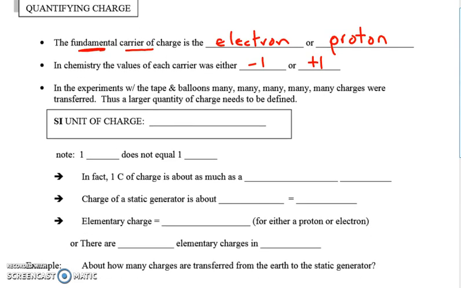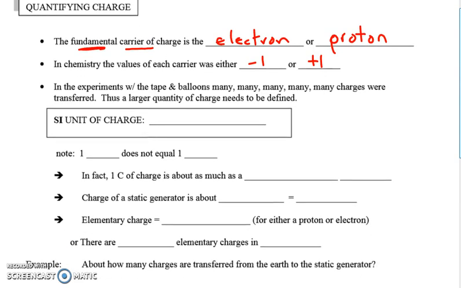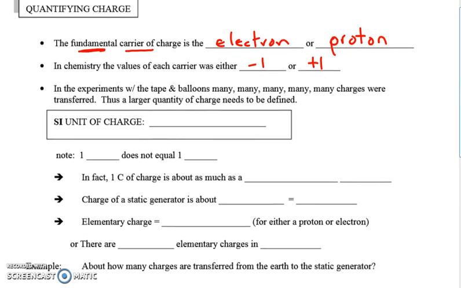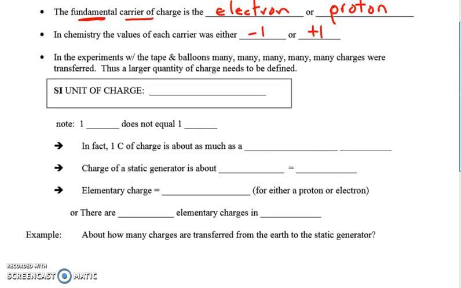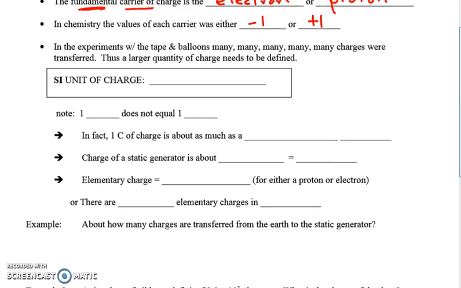So for example, when we did the tape demonstrations, or if I rub a balloon against my hair, it will take on charge. Or when I charged up the static generator, a lot of electrons were building up and up and up. So we need something more than just saying an extra 5,600,000 electrons was transferred.